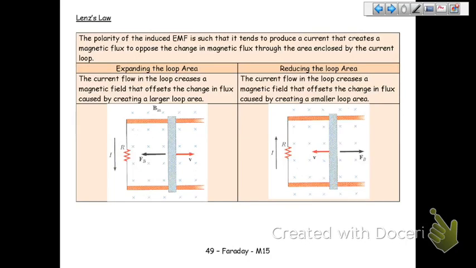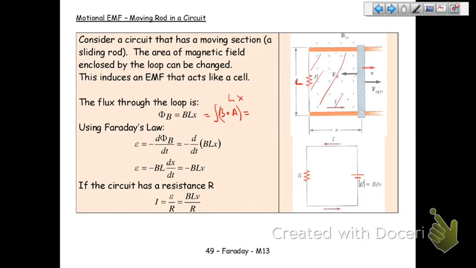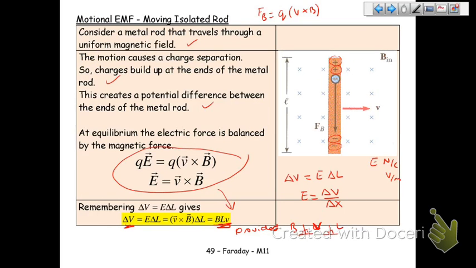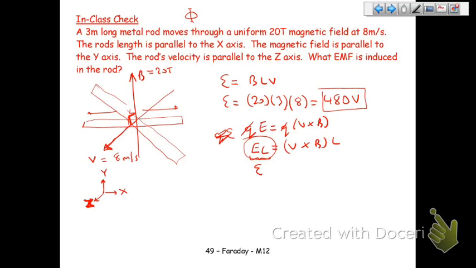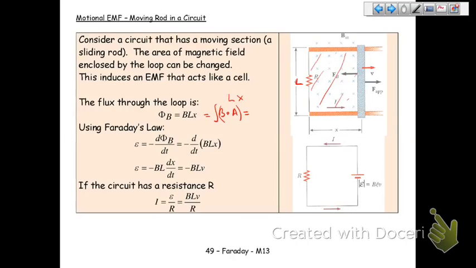And then, yes? But in what case does one come out negative and the other positive? Oh, I don't have a good answer for that. I can't explain that at the moment. No, you're right.